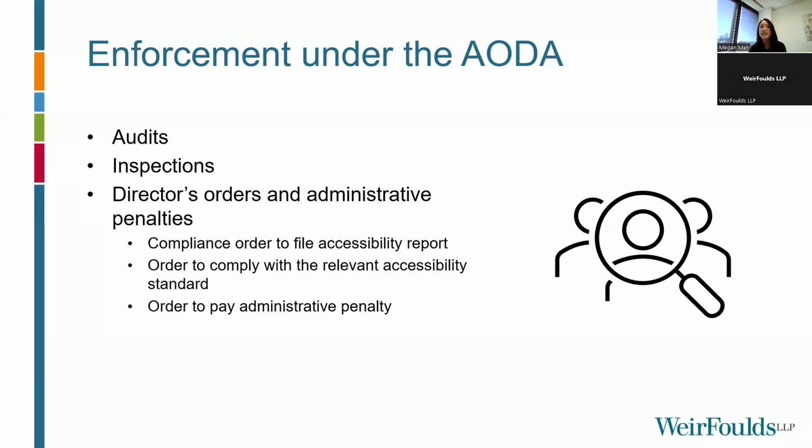And then finally, the ministry also has the ability to issue a director's order or administrative penalties. So the government may order that an organization file an accessibility report that complies with the requirements under the AODA, or order that an organization pay an administrative penalty.